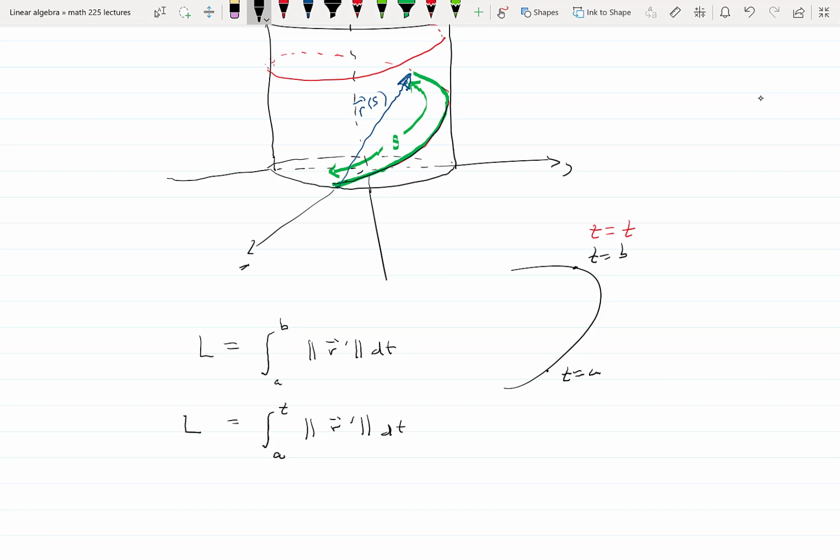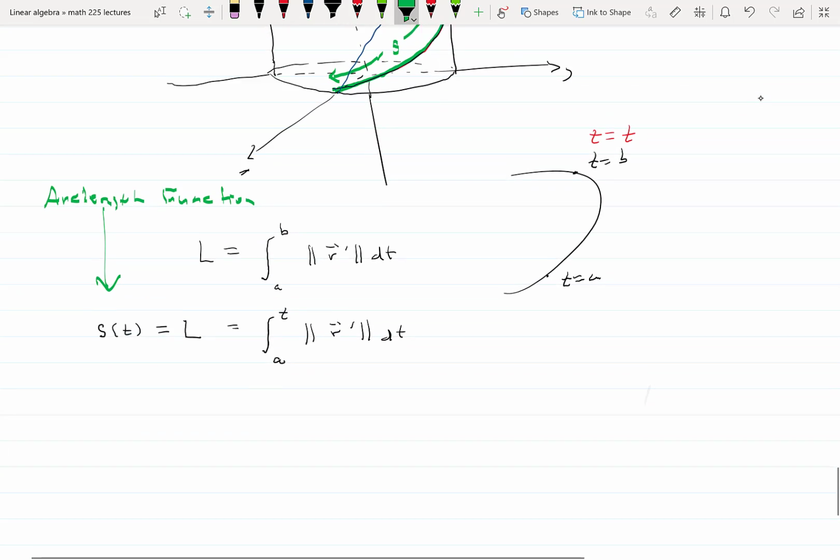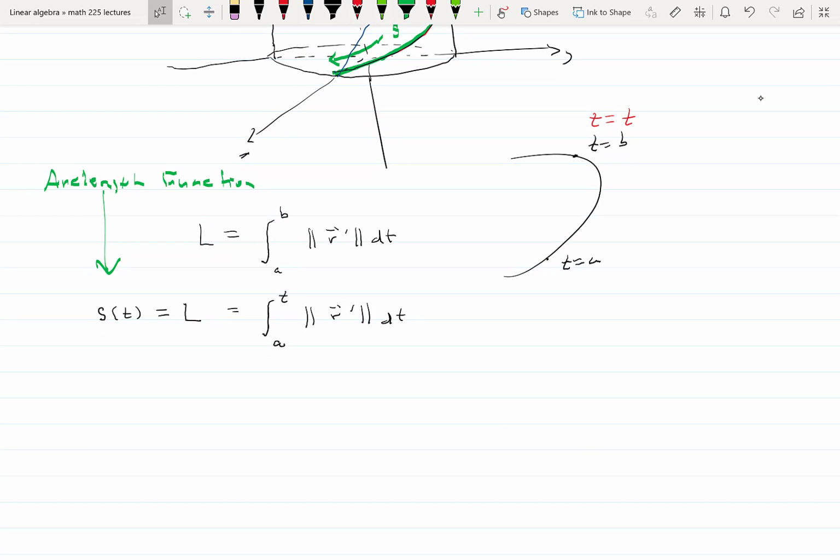That will give me arc length s as a function of t, and this is often referred to as an arc length function. Okay, so let's do that for our helix. I want the length of the curve s as a function of time.